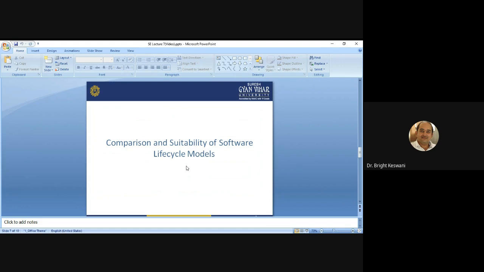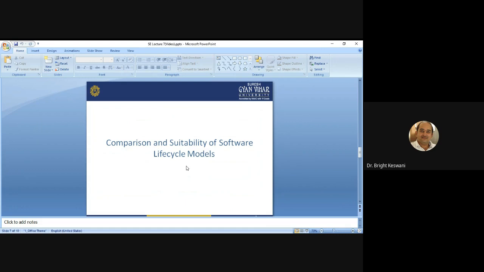A comparison of the software lifecycle models is best accomplished by using the waterfall model as the basis for comparison. And this is true for two reasons. First, the waterfall model is the most familiar to the majority of developers. And second, almost all other models were created to improve upon it. So, waterfall lifecycle is the basic model.